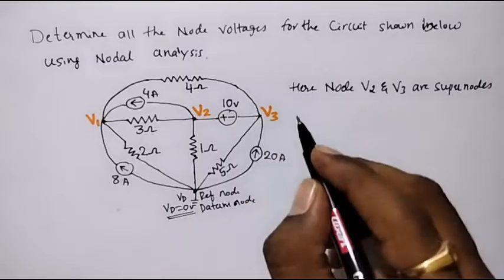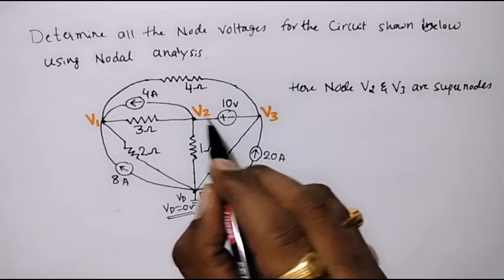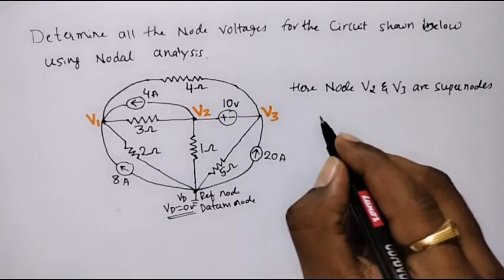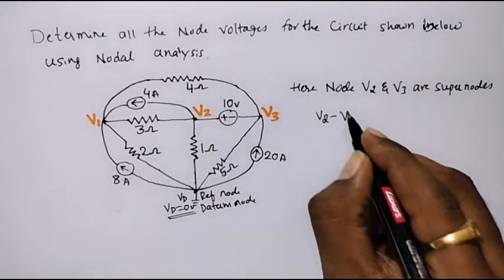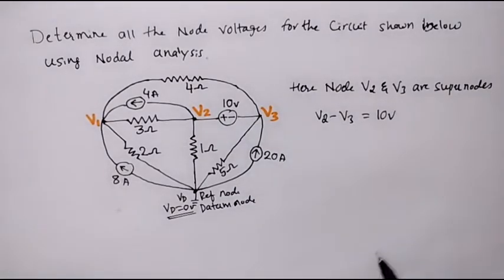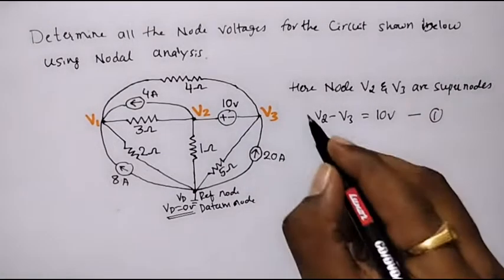So we can write the equation as, here the positive terminal is connected to V2 and the negative terminal is connected to V3. So I can write V2 minus V3 is equal to 10 volts. We'll call it equation number 1.